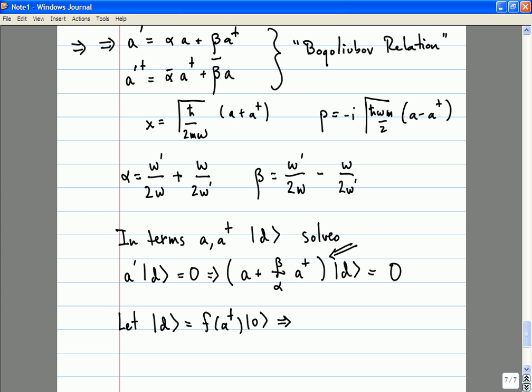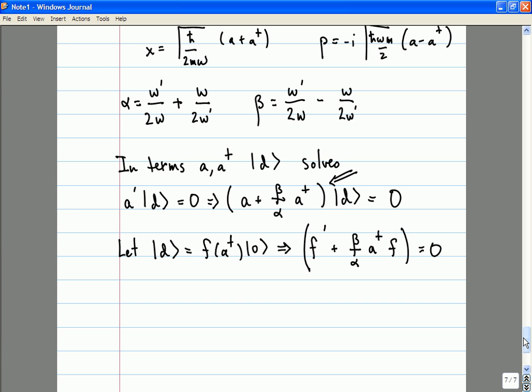So F prime plus beta over alpha A dagger times F should be equal to 0. So F is a function such that when you take the derivative with respect to A dagger, you get beta over alpha times A dagger times that function. Does anyone know the solution of that equation? I'll give you a hint. We've already seen it twice today. Here prime is d by d A dagger.